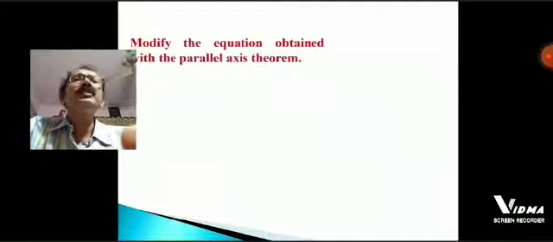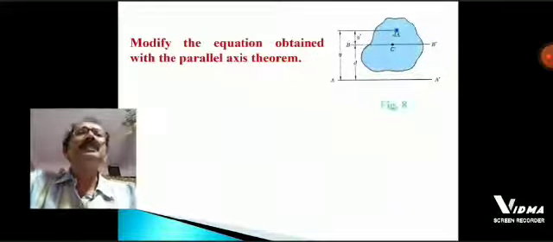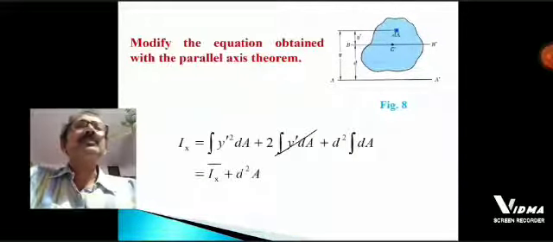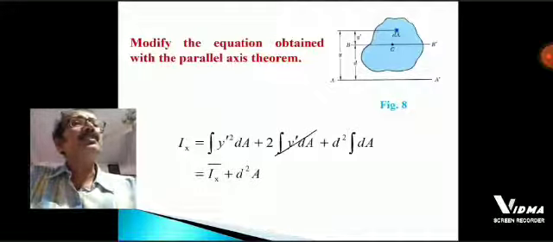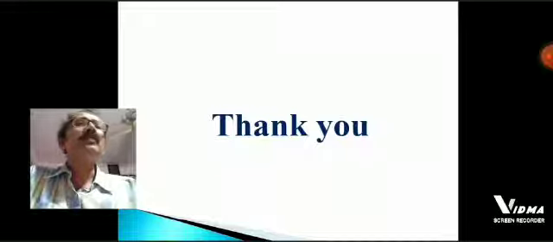The modified equation obtained with the parallel axis theorem is Ix equals integration y dash square dA plus 2 into integration y dash dA, that term equals 0, plus d square integration dA. So finally Ix equals Ix bar plus A d square. Thank you very much.